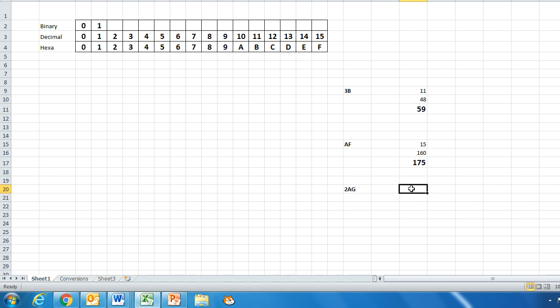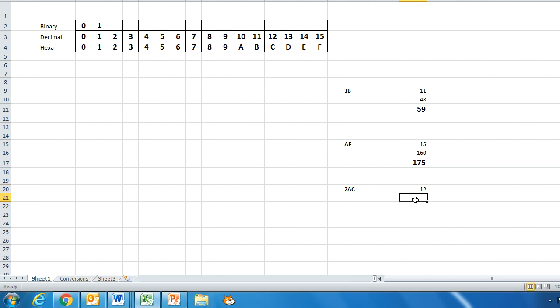Okay, let's do this one. It's not more difficult, it's just that you need to keep up with the conversions. Let's make it C. I'm sure that's what I wanted. Okay, C is 12. Sorry for all the errors.